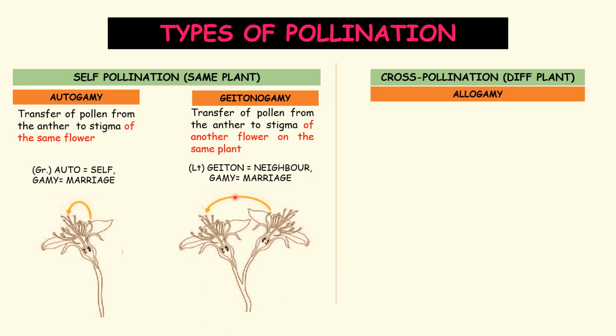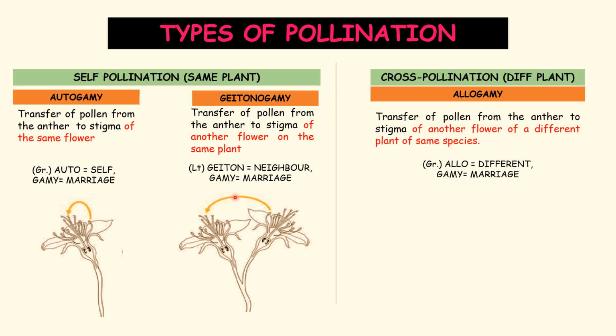Now cross-pollination is also known as allogamy, where allo is a Greek word meaning different. Gamy, as we now know, is marriage.